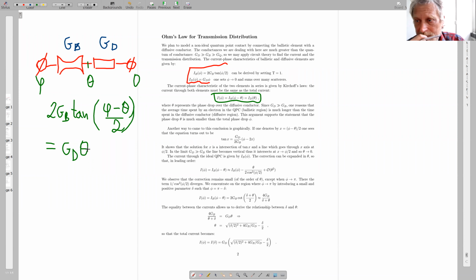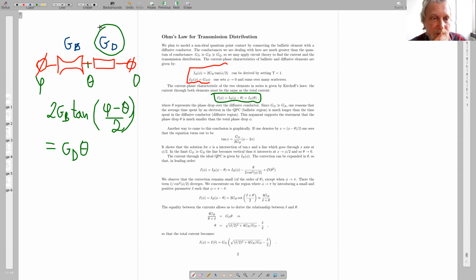It is a little bit complex. So we want to do the simplifications, approximation, and the relevant approximation is that GD is very big.